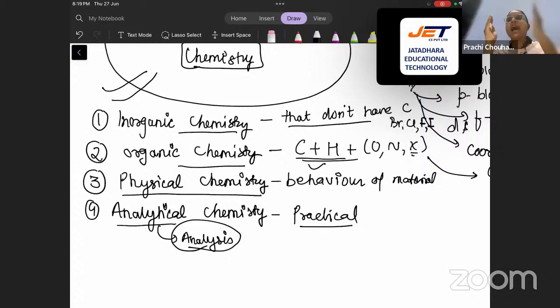Similarly, if I take liquid water and decrease the temperature, I am going to get ice. All of these things we will be learning in physical chemistry, like what is happening if we change the temperature, pressure, or volume. How the properties are changing, how the material is behaving with the changing conditions.